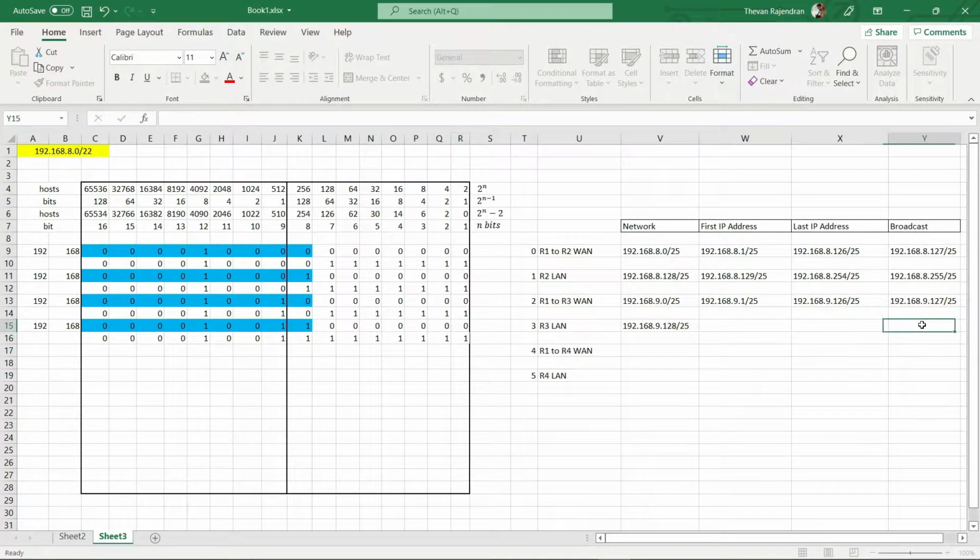And so that will be 192.168.9.254, sorry, 255/25, and the first and last IP address.